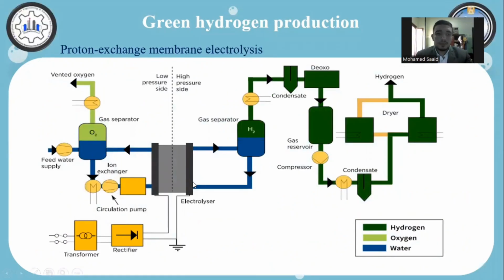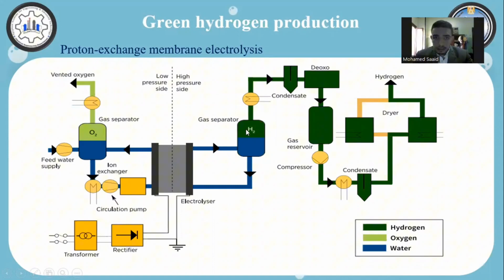In this type, we use an electrolyzer with a circulation pump. It uses recycled water from the gas separator to enter the electrolyzer, and the electricity is applied to produce water with hydrogen.